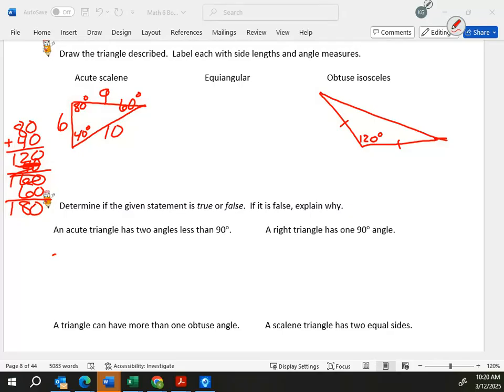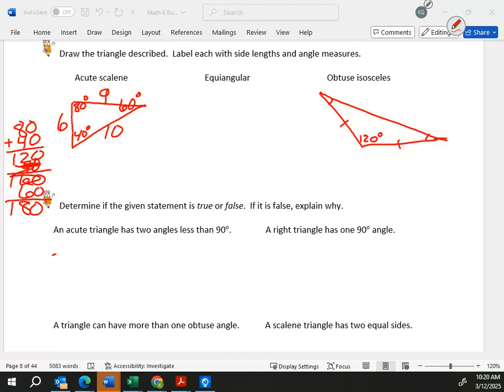If I have two side lengths that are the same, these two angles are going to be what? The same. They will be congruent. If we have two congruent sides, we have two congruent angles. So what would those angle measurements have to be?